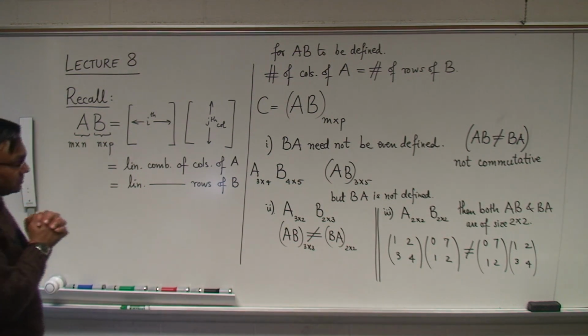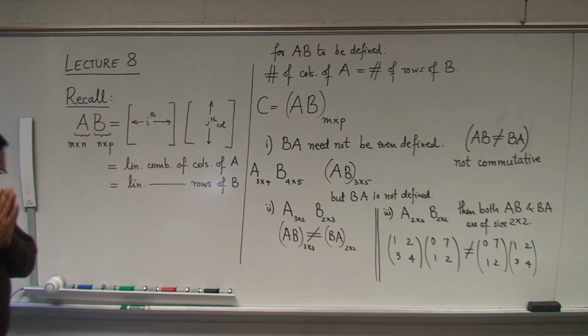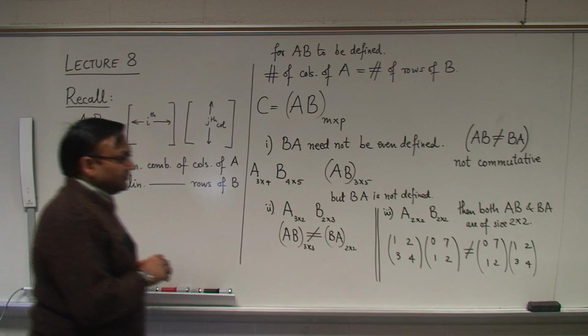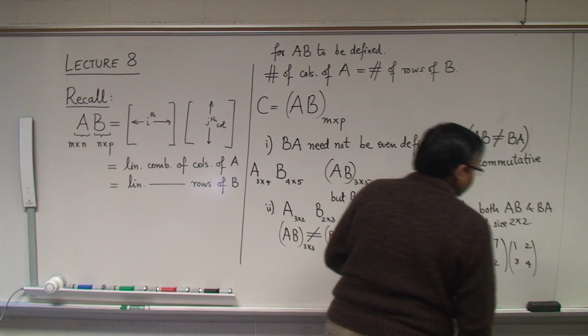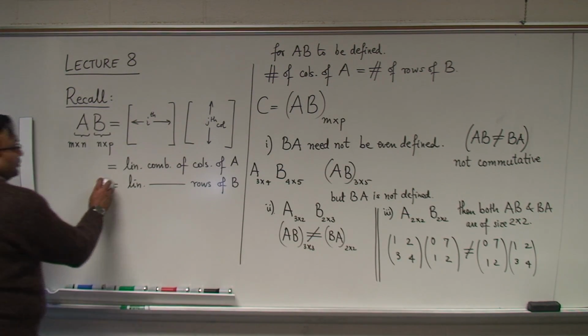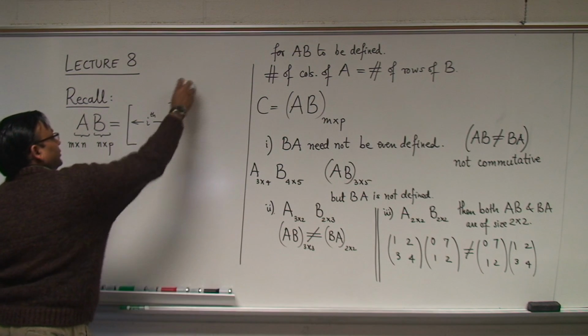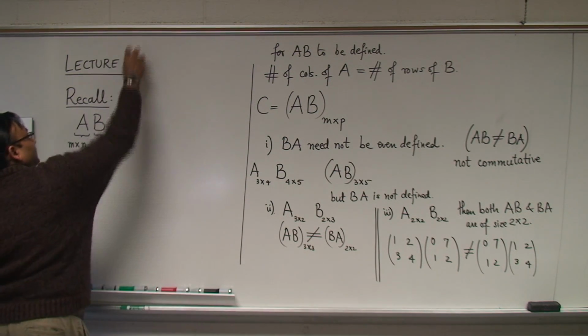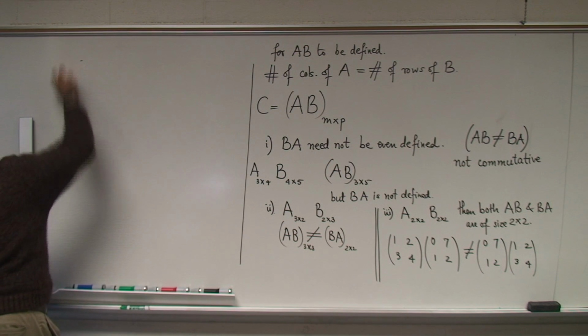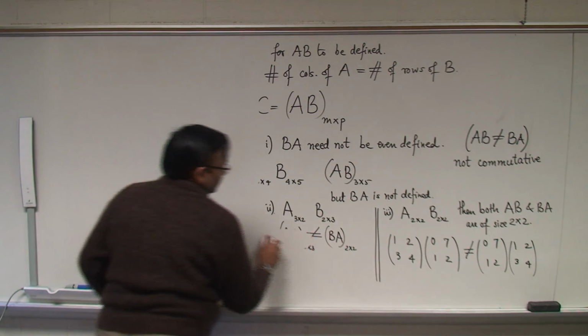In fact, the inspiration behind matrix multiplication is that of function composition. And as you very well know, function composition is not commutative, and pretty much the same thing is happening in matrices also. Okay. Now let us look into other kinds of surprising scenarios which happen in matrix multiplication. Things which we are kind of used to, but may no longer be true in matrix multiplication.